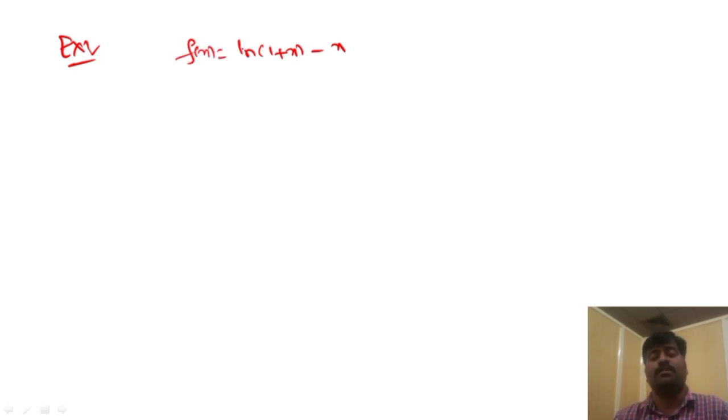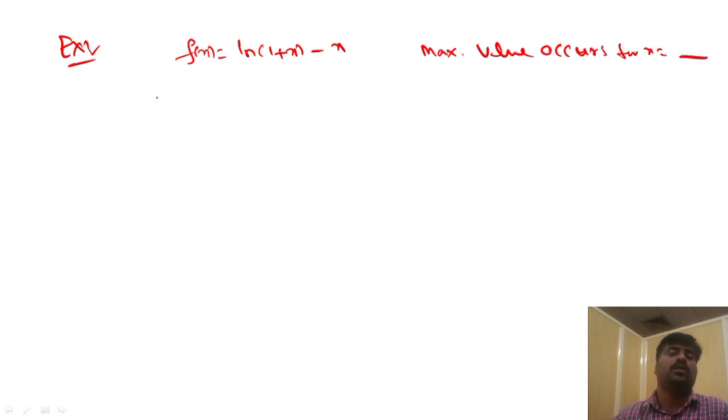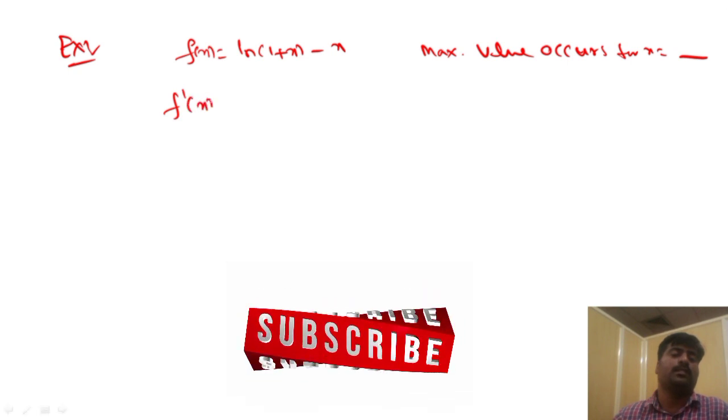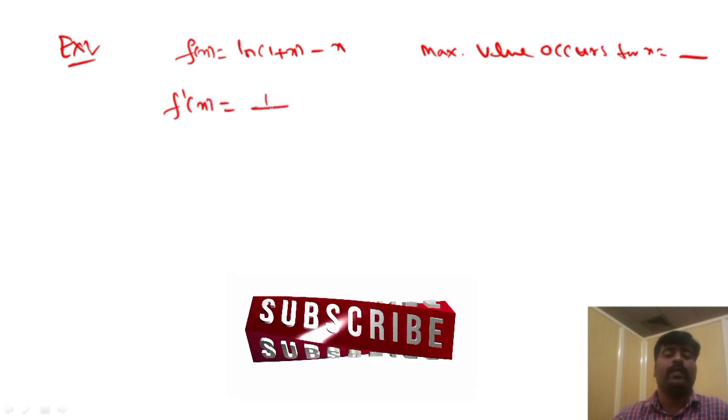So another question: the maximum value of f of x equal to ln of 1 plus x minus x occurs when x equal to what? So for this, I would also like to find f dash of x.